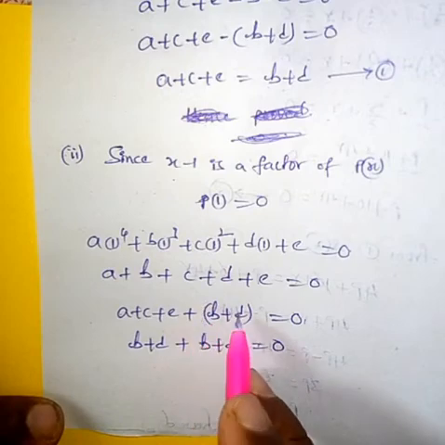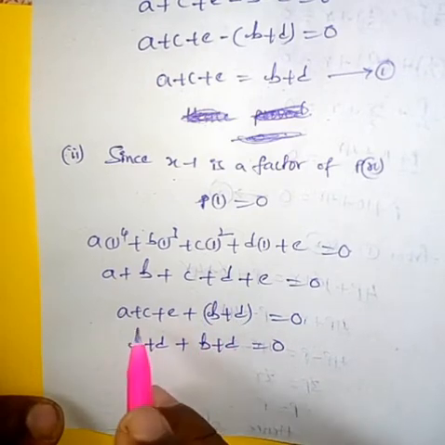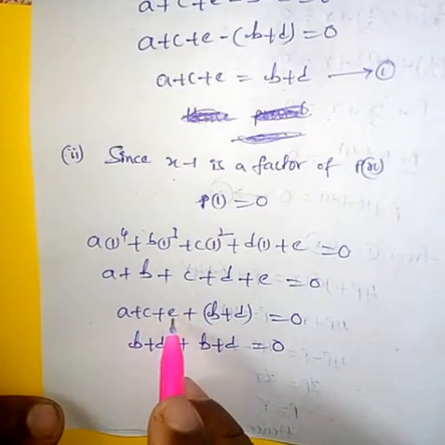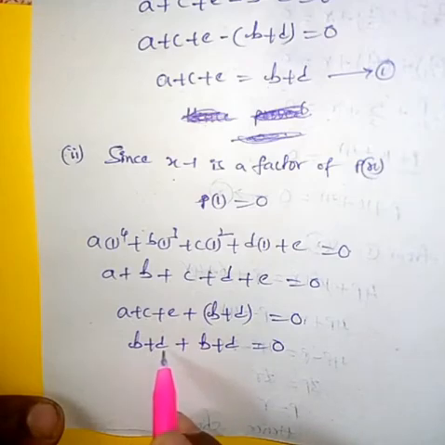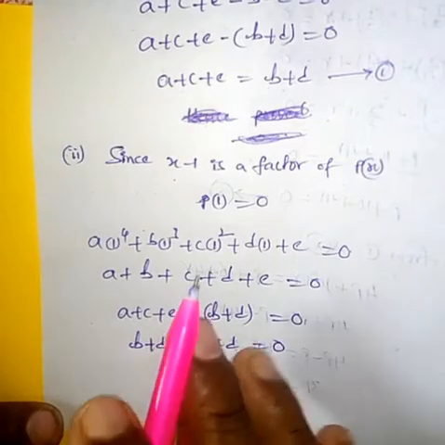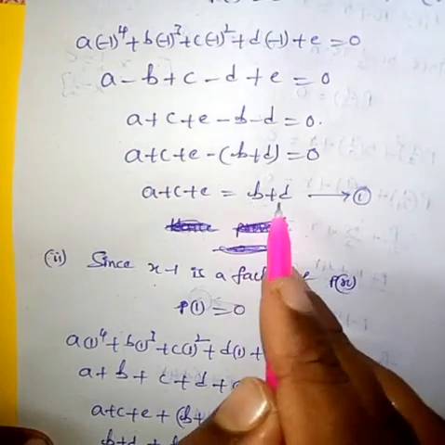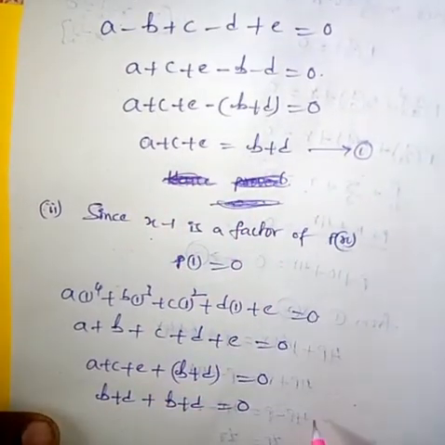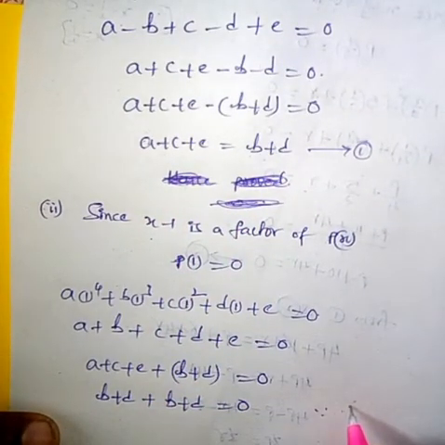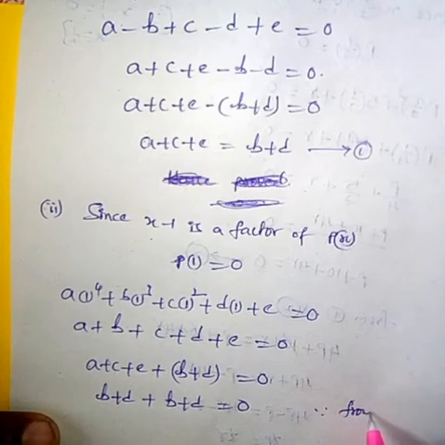I wrote the b plus d value as it is here, and I replaced a plus c plus e with b plus d, because in equation 1 you can see that b plus d equal to a plus c plus e. Write the reason also from equation 1.